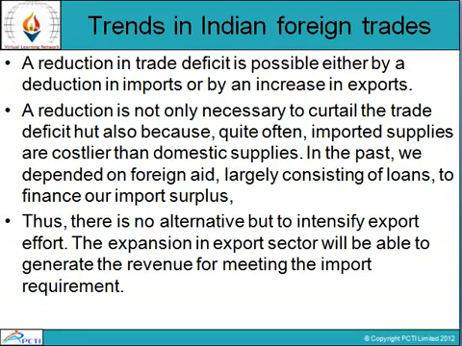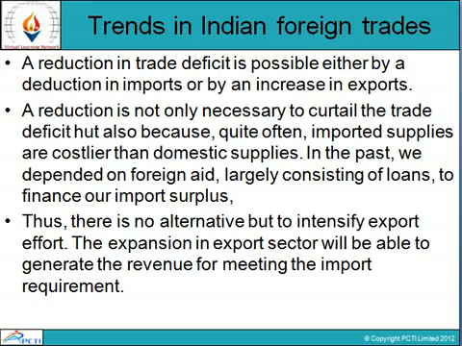Next topic is trends in India's foreign trade. A reduction in trade deficit is possible either by a reduction in imports or by an increase in exports. A reduction in imports is not only necessary to curtail the trade deficit, but also because quite often imported supplies are costlier than domestic supplies.